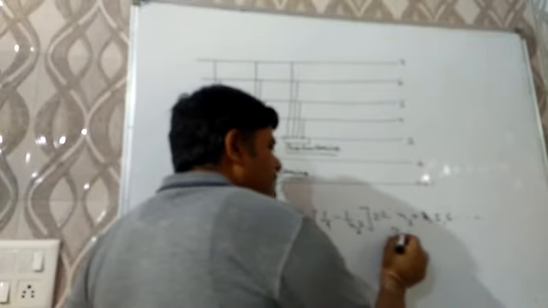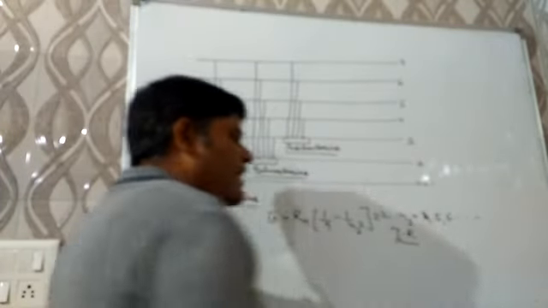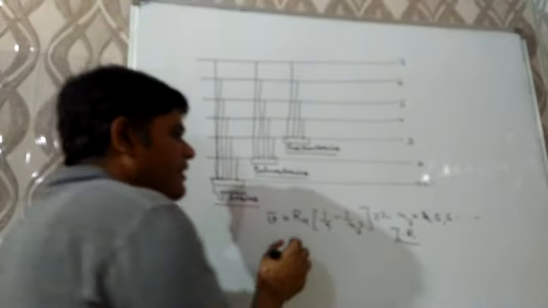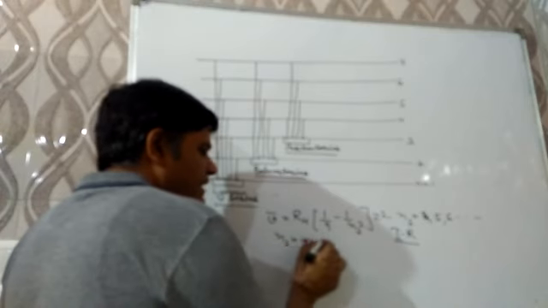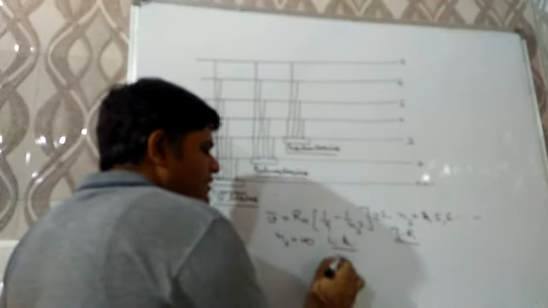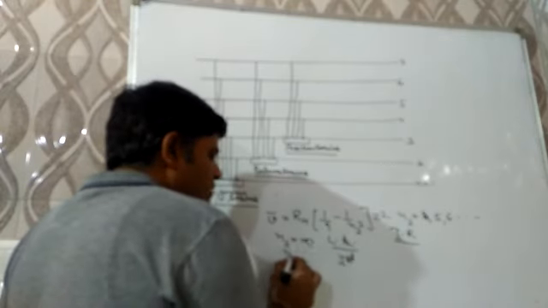This series lies in the infrared region. For the limiting line, n2 is infinity. For the first line, n2 is 4. Second line, n2 is 5. Third line, n2 is 6.